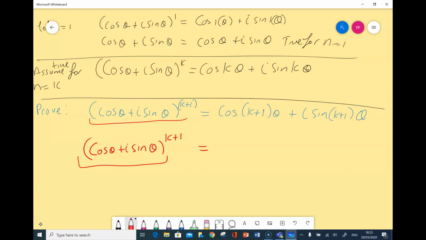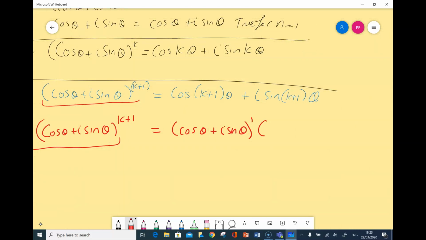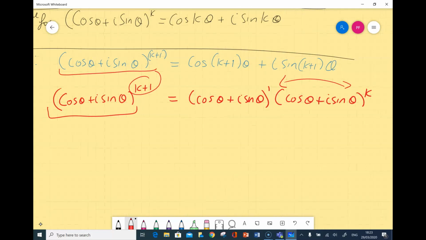That's the same as (cos theta + i sin theta)^1 multiplied by (cos theta + i sin theta)^k. When we're multiplying, we add those powers, and that's how we get our k plus 1.